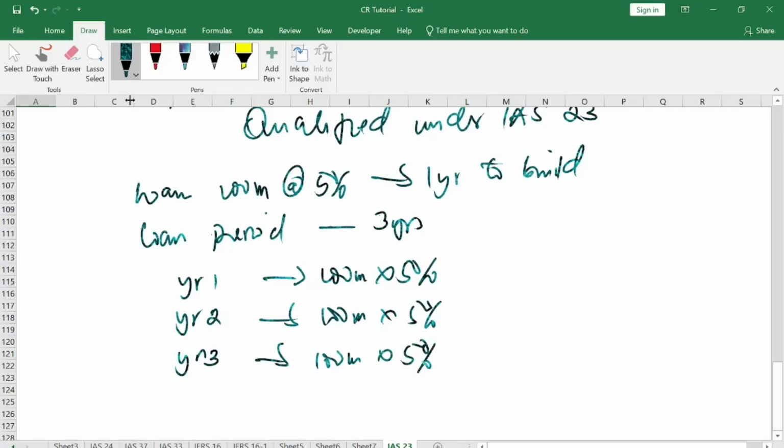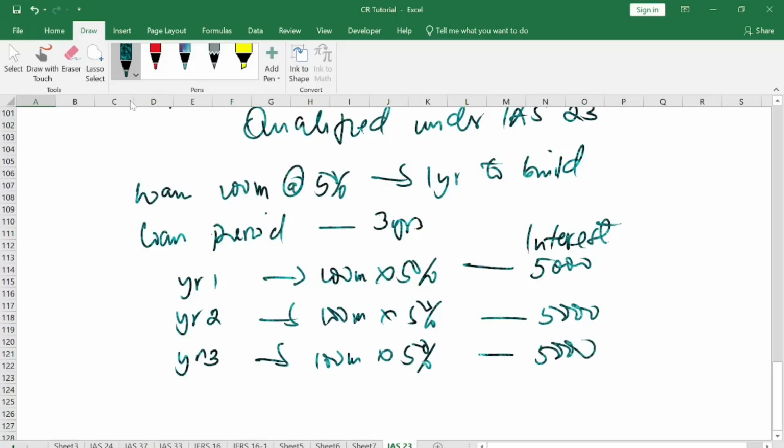So this is how it happens. Whatever you get here is the interest that you are going to pay. The interest for year 1 is 5 million, right? Let me add 3 zeros, so it is 5,000. Year 2 goes to 5,000. Year 3 goes to 5,000. So that's the whole accounting year.